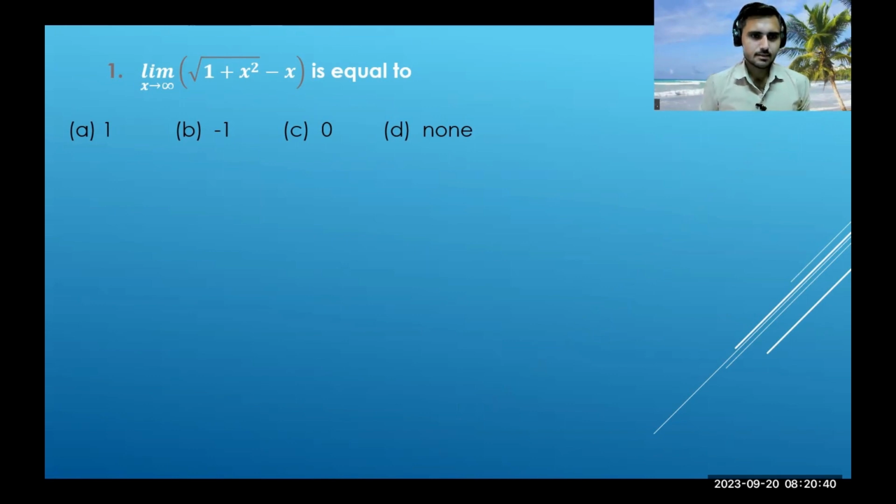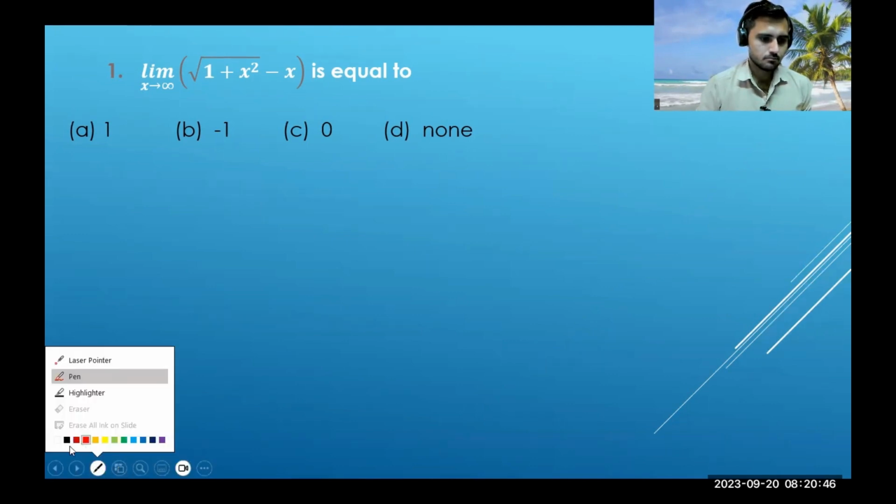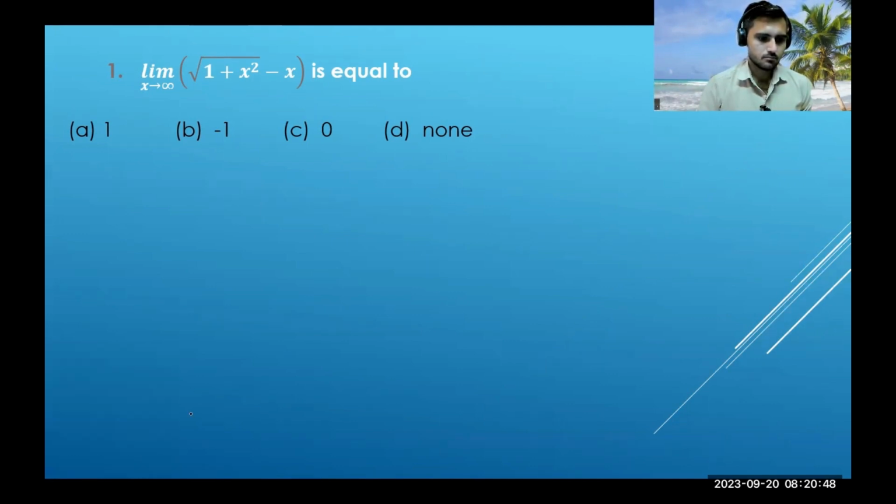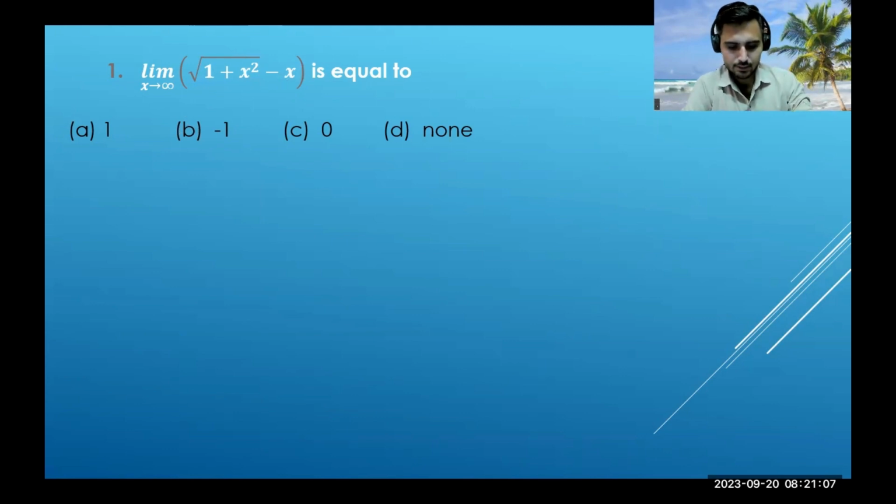Here we have a limit tends to infinity. So what we'll do here: we'll rationalize this function, so it will be very easy to determine the limit. Otherwise, if we just put limit x tends to infinity, we'll not get a proper integer or any fraction for that.